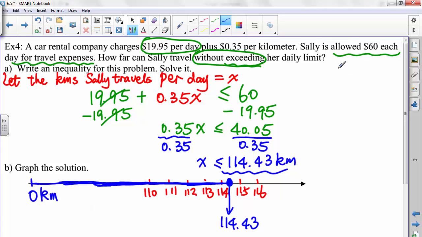So right now, we go to the solution. How far can Sally travel? Sally only can travel between 0 kilometer and 114.43 kilometers, inclusive, including 0 and 114.43. Then Sally will not exceed her daily limit for the traveling.